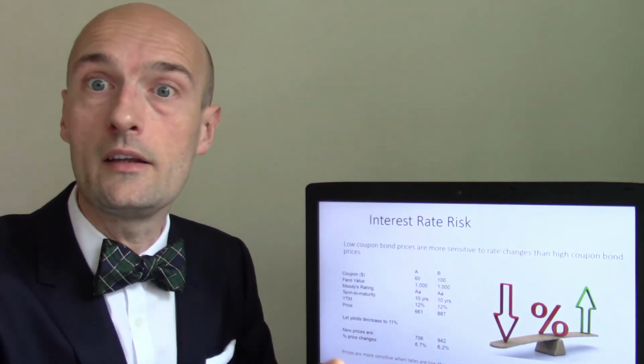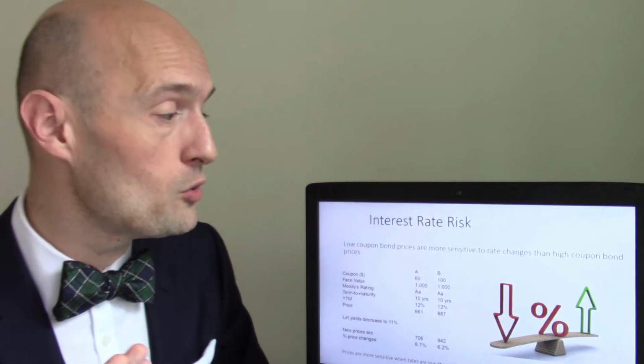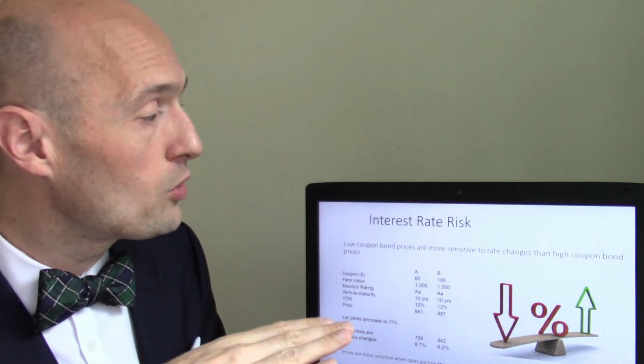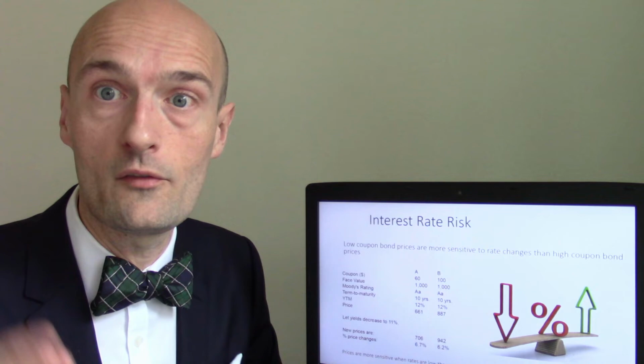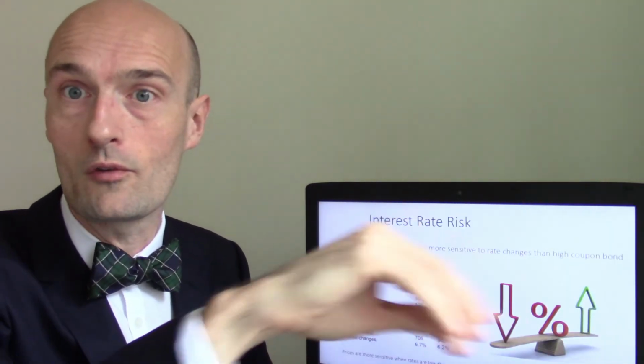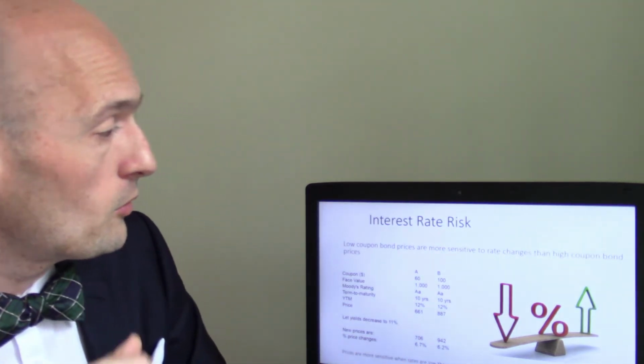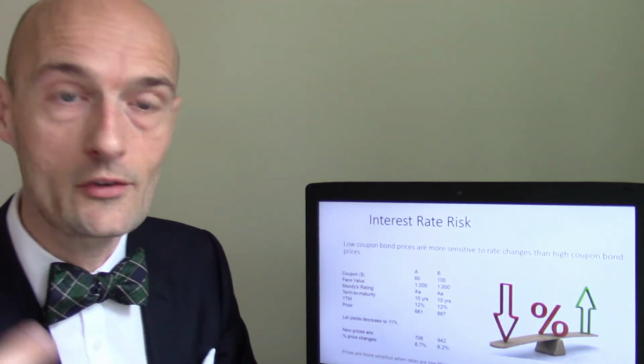So at least you're getting some cash flow early with those coupon paying bonds. A low coupon bond will be more sensitive simply because the entire payment is stacked out there in the future rather than some of it coming periodically. So let's do the calculation rather than talk about it.